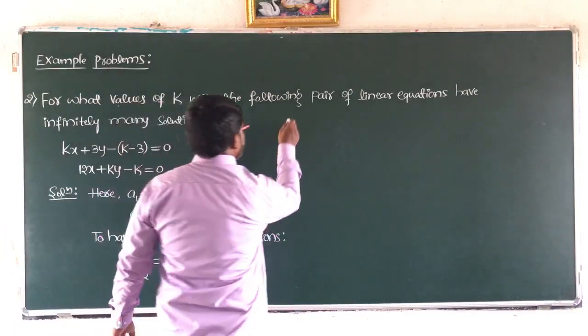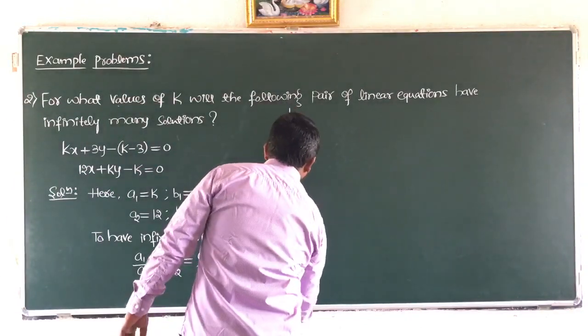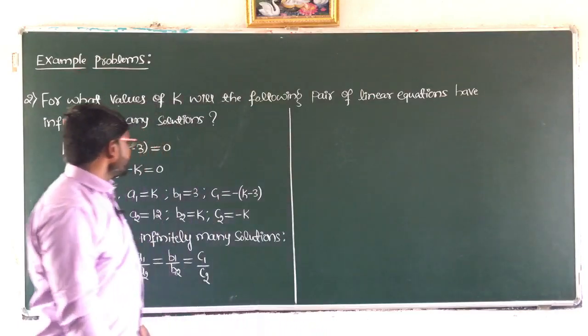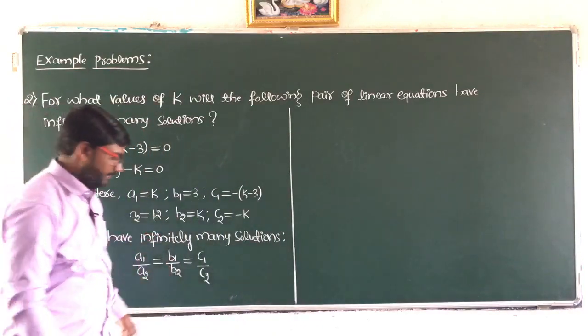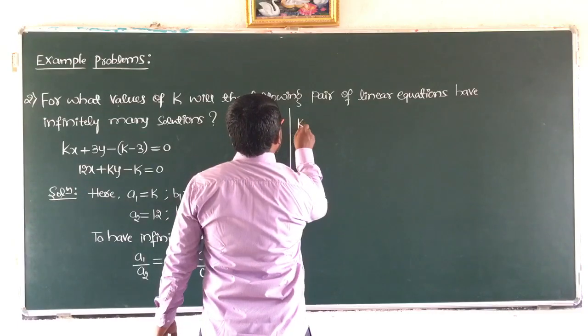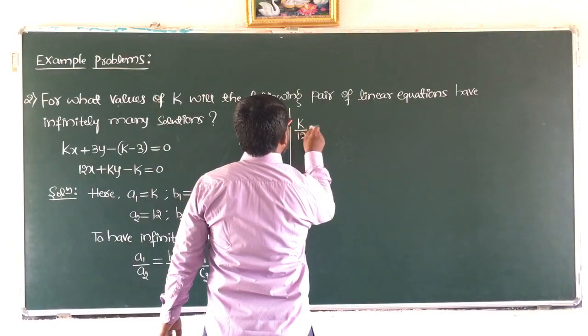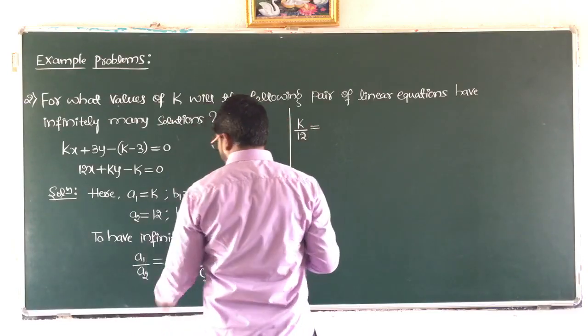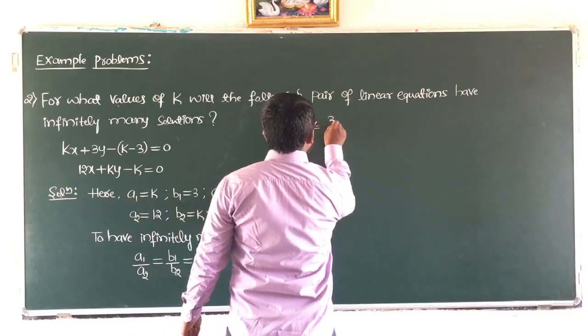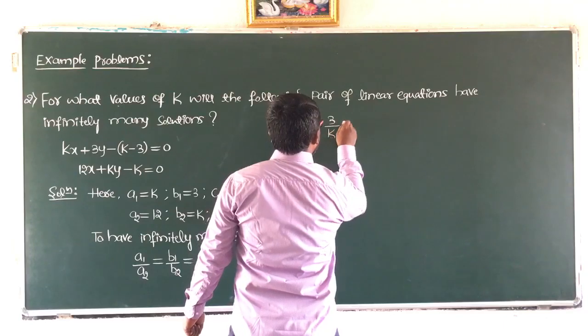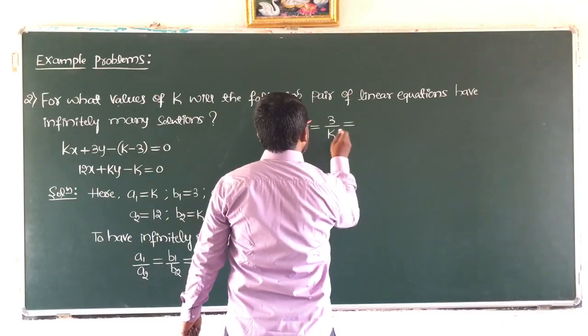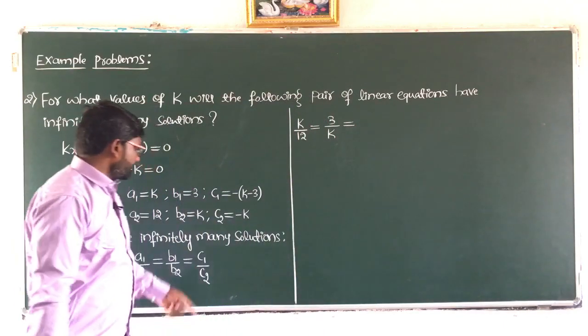So now let us substitute the values. a1 by a2 is k divided by 12. So this implies k by 12 is equal to b1 by b2, which is 3 by k, which is equal to the last one, c1 by c2.